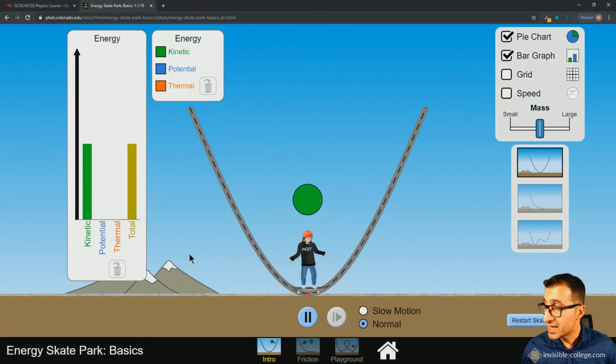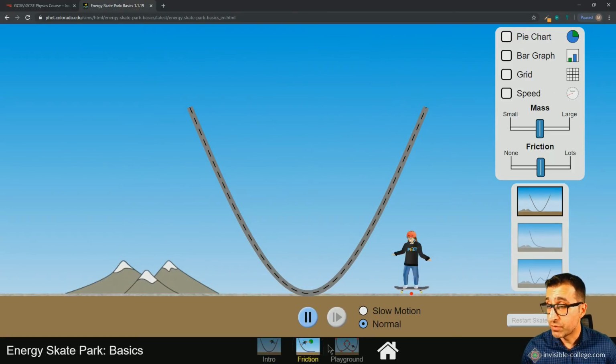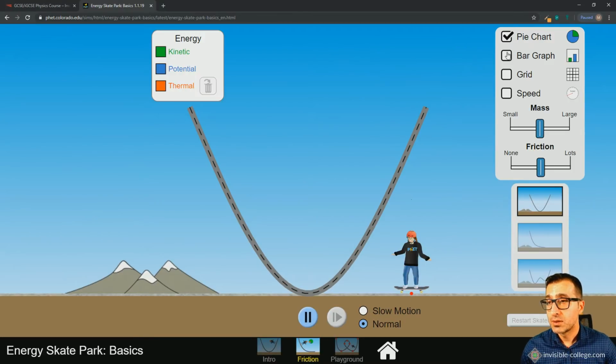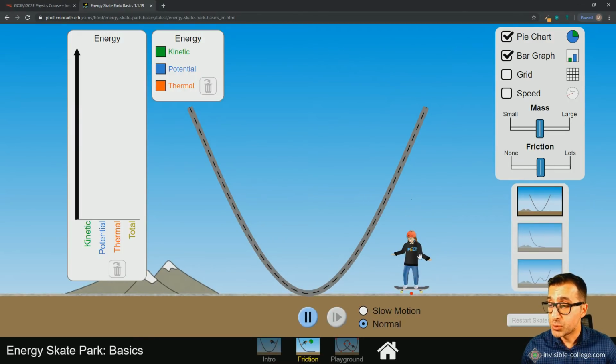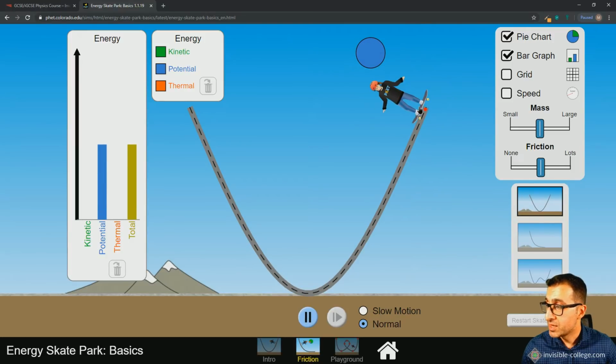But if we imagine now that there is friction involved, so now we have the friction between the skater and the ramp, and also air resistance, if we count that as a form of friction. Let's take a look at what happens here. So we have a certain total amount of energy at this point, and it's all potential energy because the person is not moving.